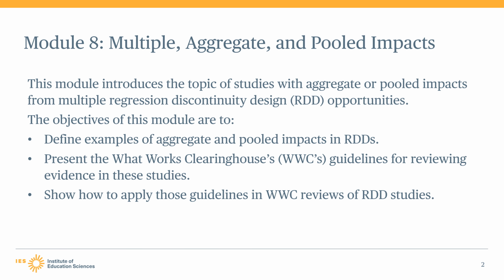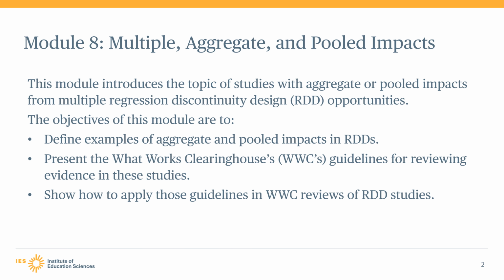So as you recall, the WWC's Integrity Standard, or RDD Standard 1, focuses on the integrity of the forcing variable and includes 3 criteria related to the institutional integrity, statistical integrity, and graphical integrity of the forcing variable.